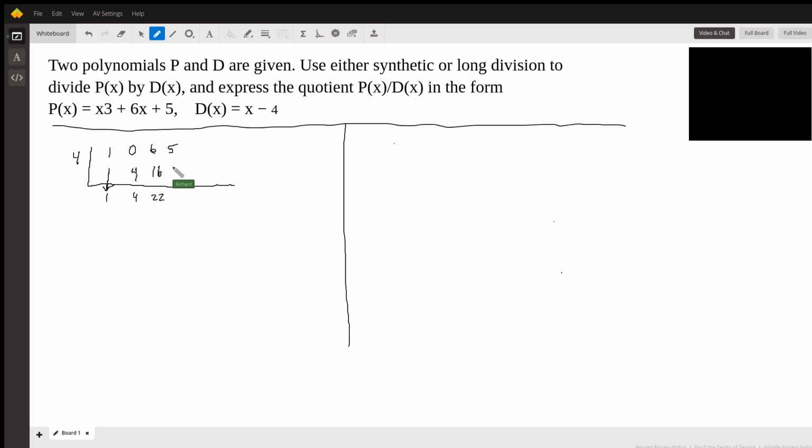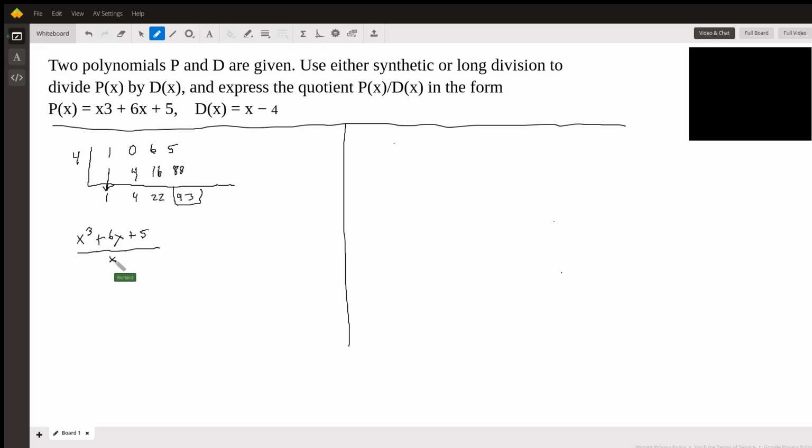So then 4 times 22 is 88, and 5 plus 88 is 93. That's our remainder.